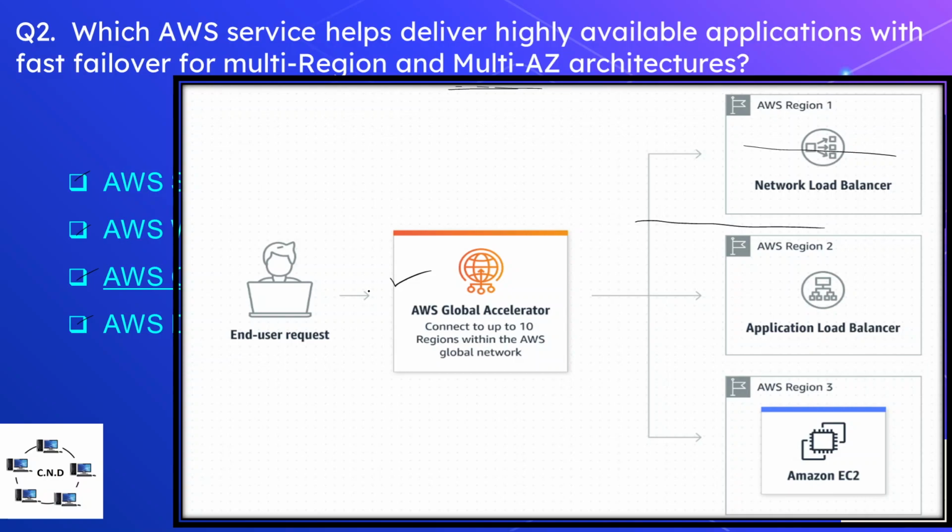And this is just a visual representation of AWS Global Accelerator. So here is the end user or the customer, and the customer basically hits the AWS Global Accelerator, and it connects up to a maximum of 10 AWS regions within the global AWS network. Here we can see that it is connected to multiple regions such as AWS region 1, 2, and 3.